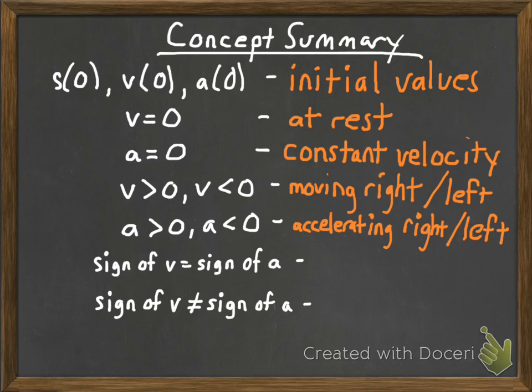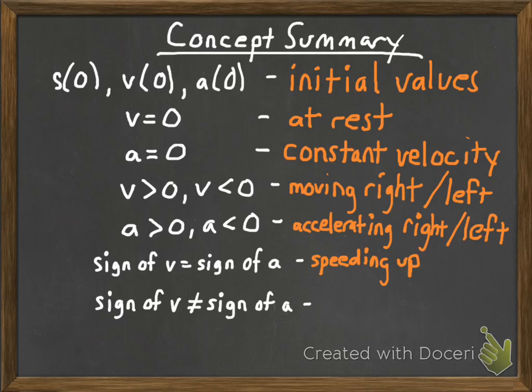All right, and then the last couple of things I want to talk about is what if the sign of the velocity and the sign of the acceleration are the same, and what if they're not the same? Meaning one's positive, one's negative, or they're both positive or they're both negative. Well, anytime the velocity and the acceleration both have the same sign, it means the particle is speeding up.